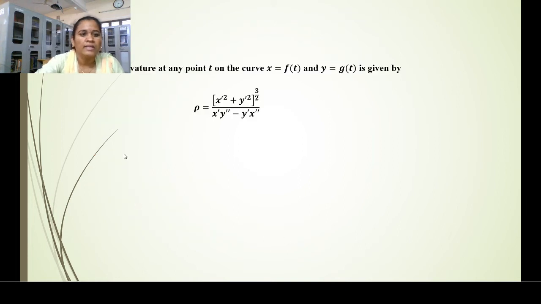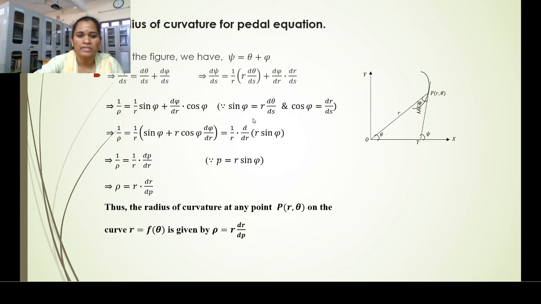Then the radius of curvature at any point t on the curve x is equal to f of t and y is equal to g of t is given by rho is equal to x dash square plus y dash square to the power of 3 by 2 all divided by x dash y double dash minus y dash x double dash. This is the radius of curvature in parametric form.